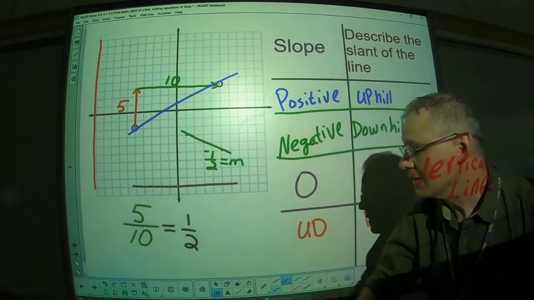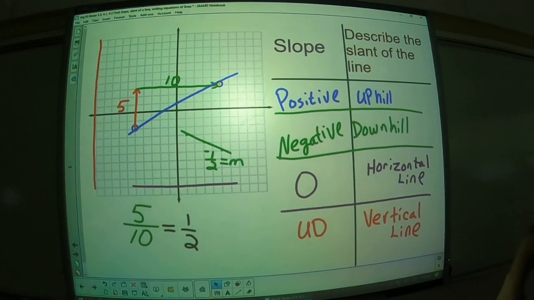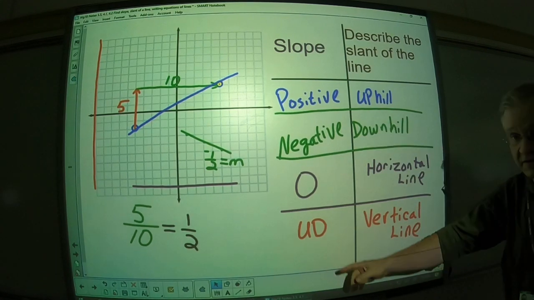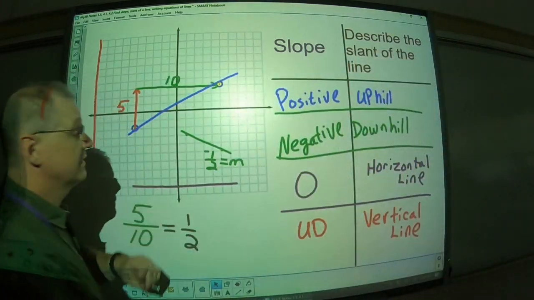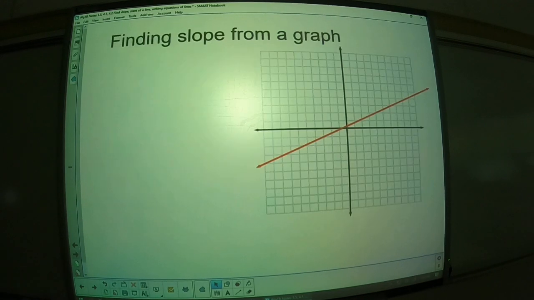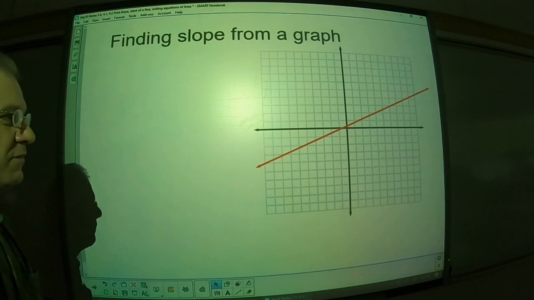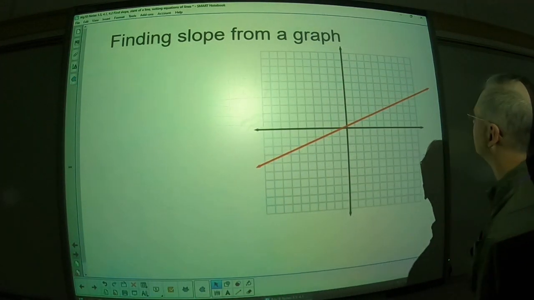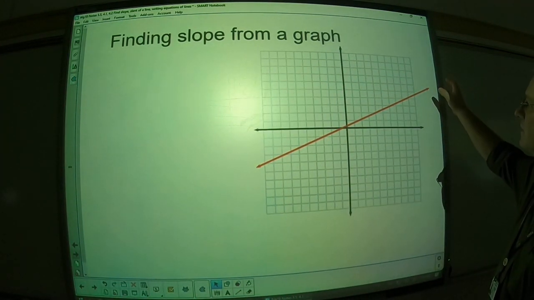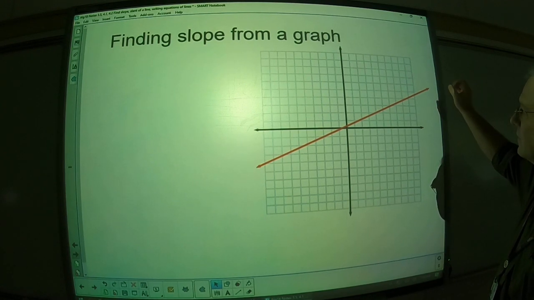All right, that's how you're going to describe the slant of the line given the slope, and how you can count out slope on a graph. So again, we're going to be given a graph and we have to find the slope. Now, if we're given a graph like this one, you have to really look careful. Now, I think my line got shifted. Did it? No, it didn't.